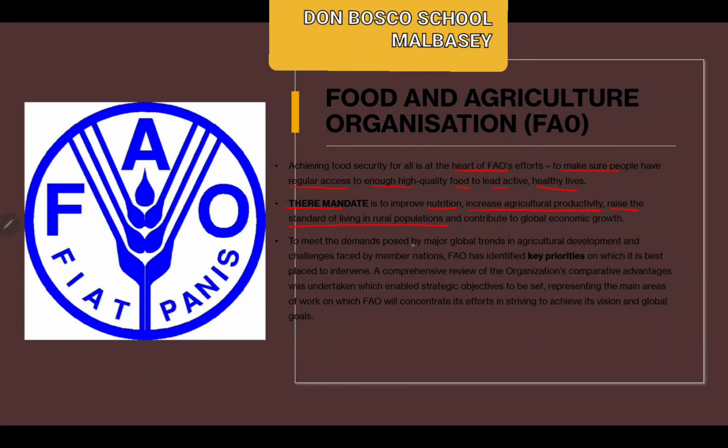To meet the demands posed by major global trends in agriculture development and challenges faced by the members, FAO, the Food and Agriculture Organization, identifies key priorities on which it is placed to intervene. A comprehensive review of the organization and comparative advantage is undertaken to enable strategic objectives to be set, representing the main areas of work on which FAO works.